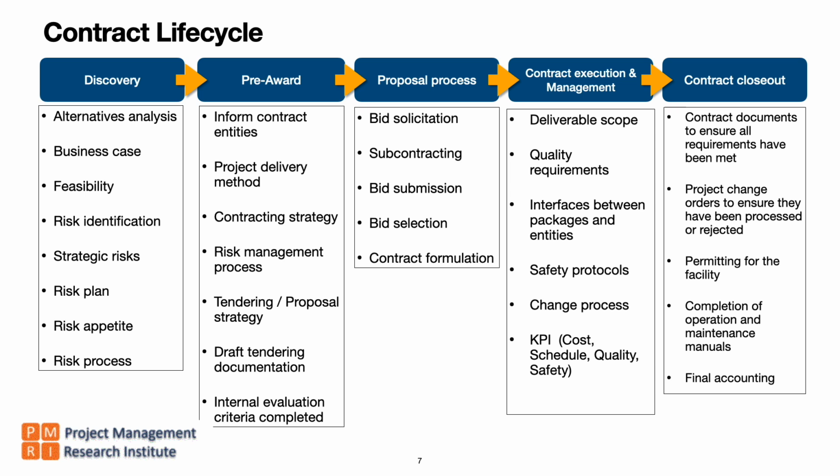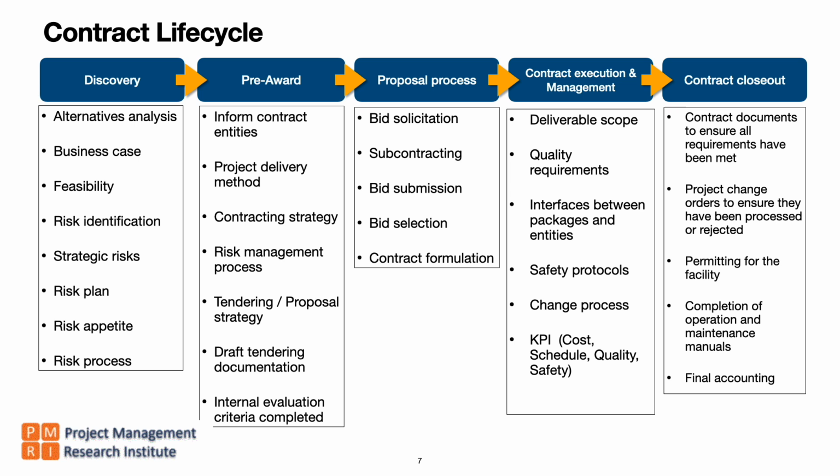And permitting for the facility. So as per the contract, you have built the facility, and before handing it over to the owner, all the permits to operate it must be available, and very often it will be part of the contract itself. Like the contractor should get the permits for the owner to operate the asset.